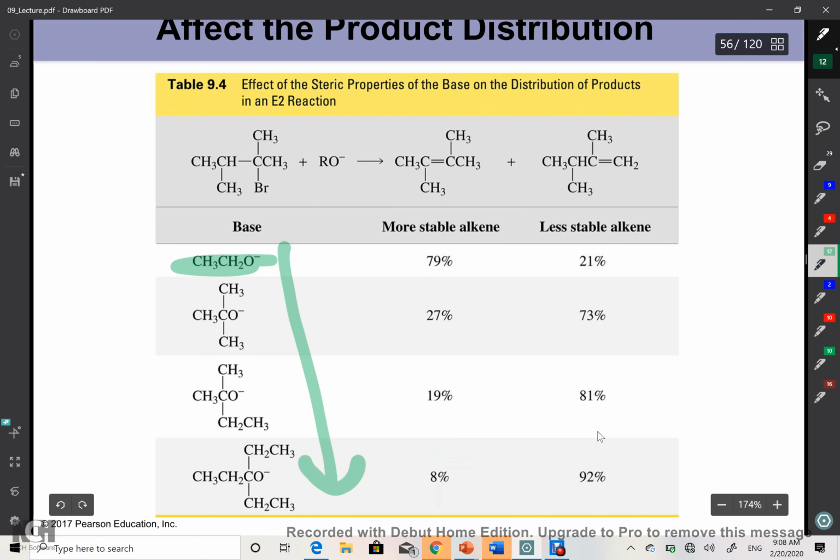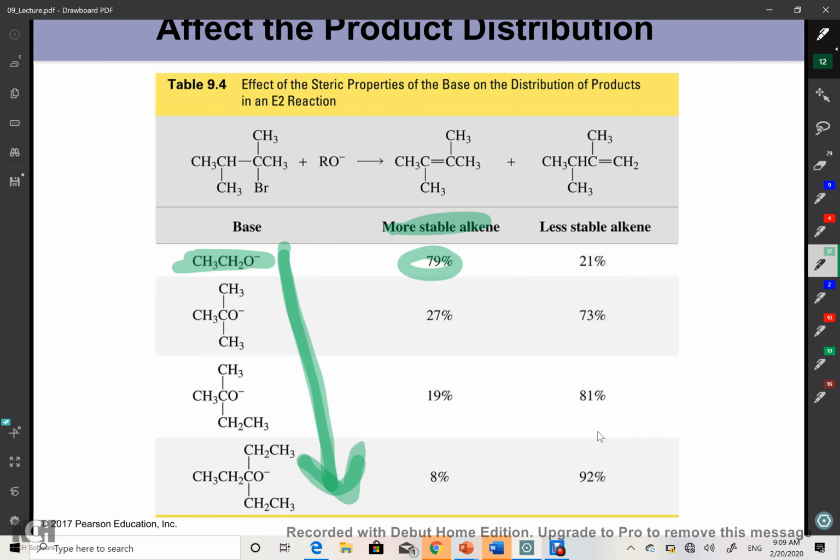Here, on this table, this is our base. That's a small base. If it is a small base, the more stable alkene is the major product. That's why we have 79%. But when we increase the size of the base, just like what we have down here, the base is getting bigger.